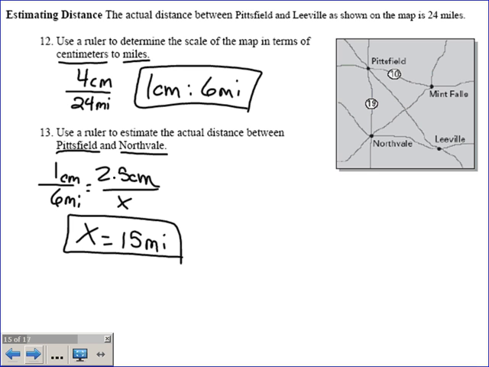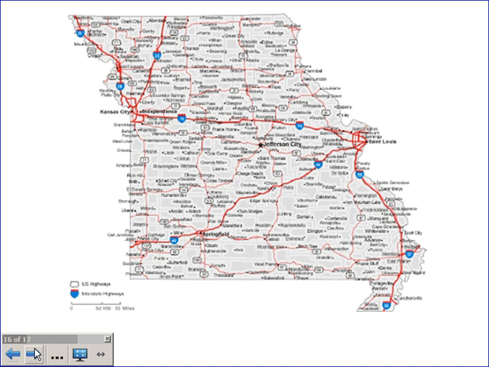Okay, so let's apply this in real life then. Here's Missouri. Generally speaking, you'll see something down here, some sort of legend, some sort of key. It says use the Missouri map and a ruler. First measure the scale of the map using centimeters and miles. So measure that distance. It says 50 miles, right? You're using a ruler, measuring this.